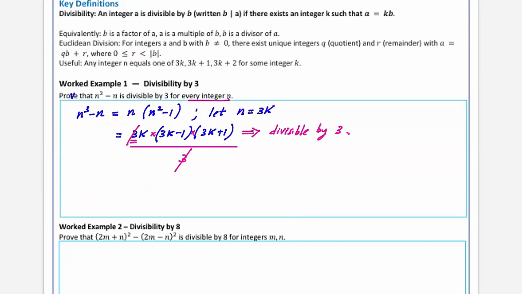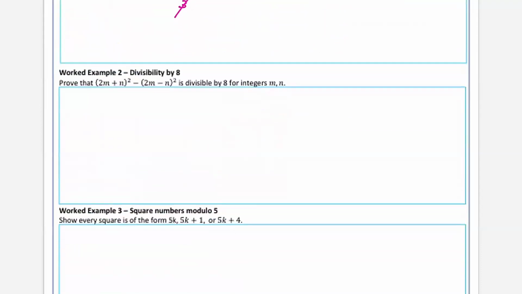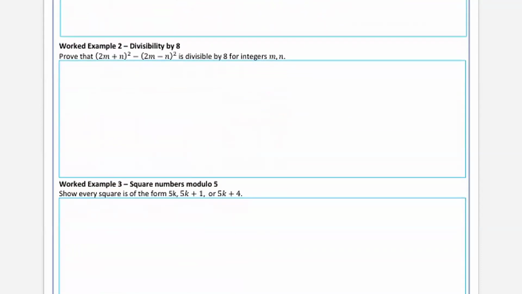K is integer. Okay, so let's do this one using that knowledge. Can you tell, also 3k plus 1 and 3k plus 2?